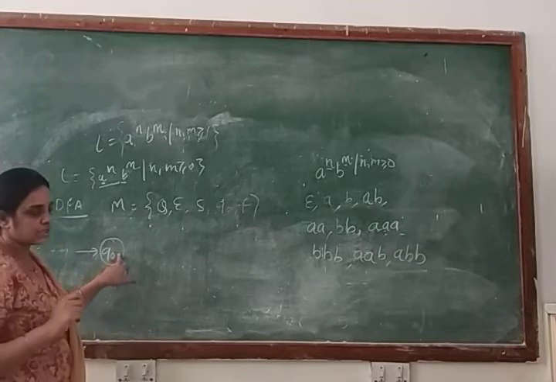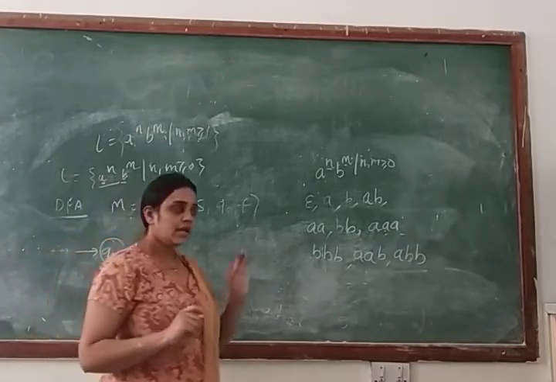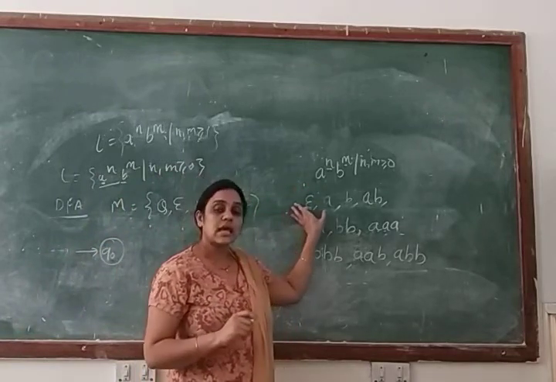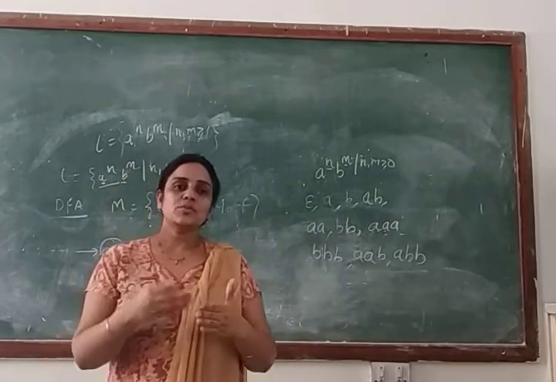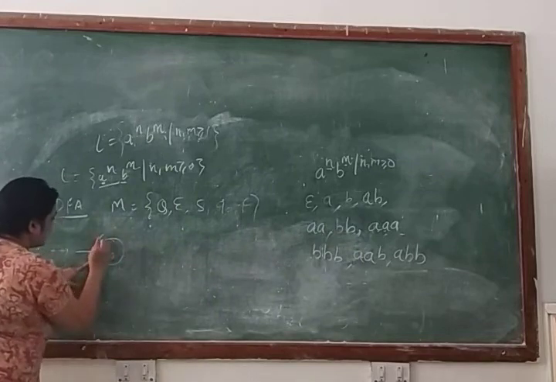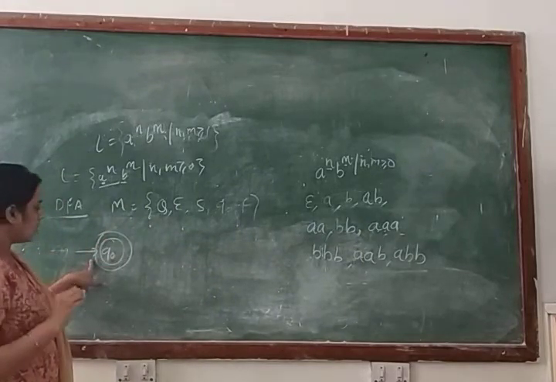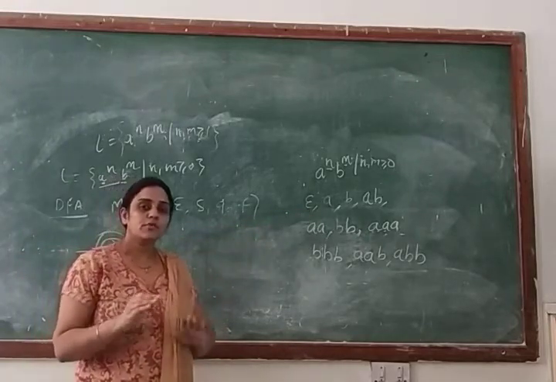Now we will make the machine for the smallest length string, and in the case of this language your smallest length string is epsilon. You cannot consider epsilon as an input. Clear? So you will make Q0 a final state. What is the meaning of epsilon? Epsilon means this is not an input variable.